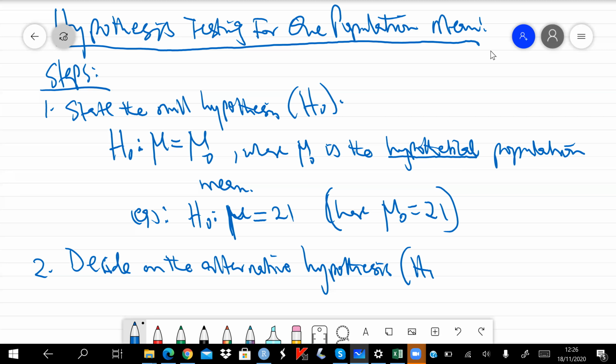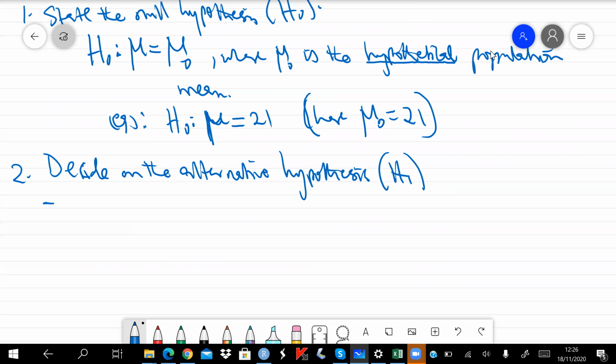H1. And we mentioned that the decision on the alternative hypothesis depends on the wording of the problem.